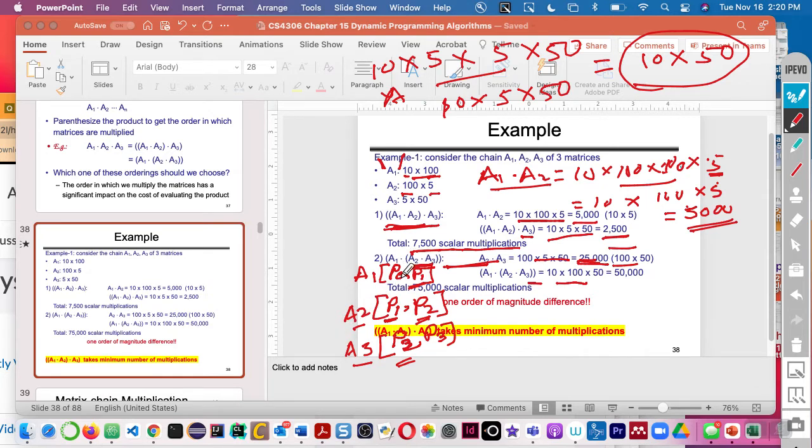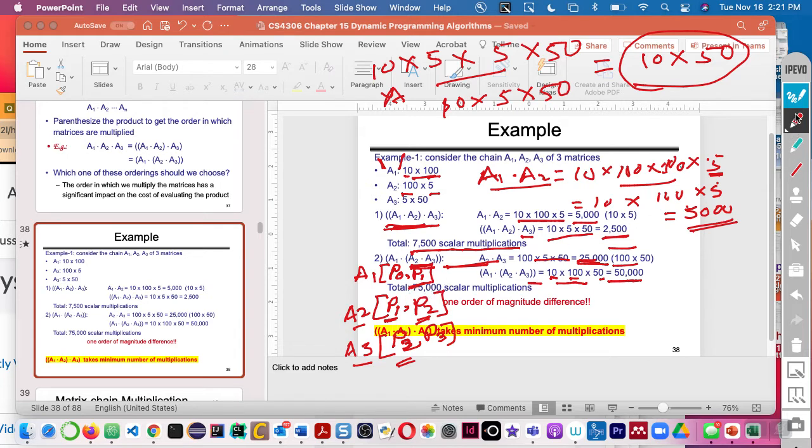And then when this result is multiplied with A1, that will take 10 times 100 times 50, equal to another 50,000 multiplications. The total needed here is 75,000 scalar multiplications.